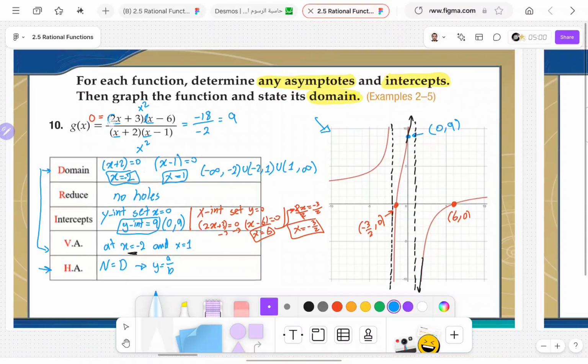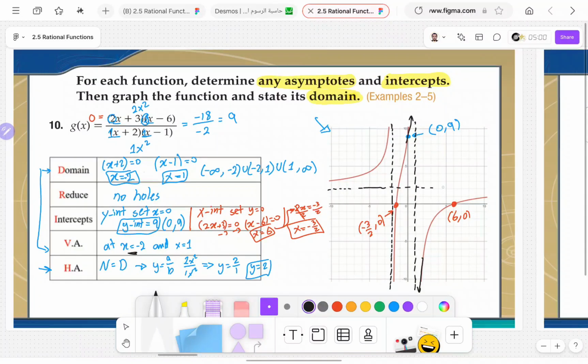It's 1. What's the number here? It's 2. So 2 multiplied by 1 is 2x squared. And here is 1, 1 times 1 is 1. So as you can see, 2x squared over 1x squared, we can just take only the constants, y is equal to 2 over 1, which is y equals 2. And as you can see, where is y equals 2? So y equals 2 is on this line here.